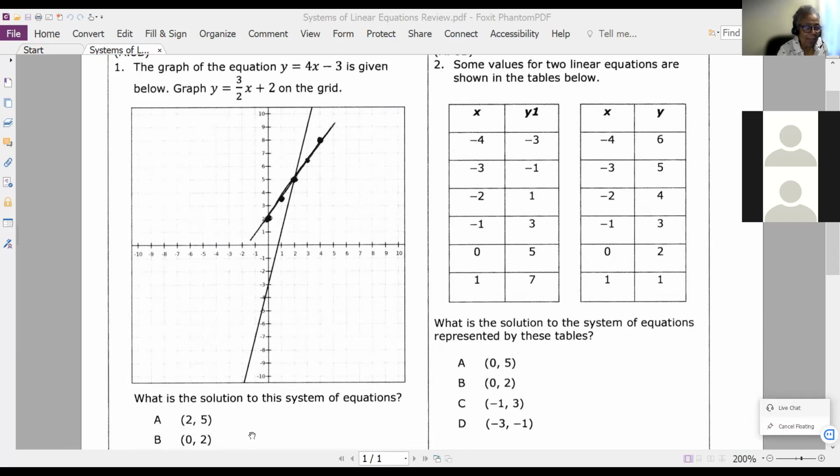That's what you're asking. This is not the answer key. This is the answer you put for the intersection. Now, what is the value of x and y at this point? This is where they intersect. What is x, Vanessa, and what is y?